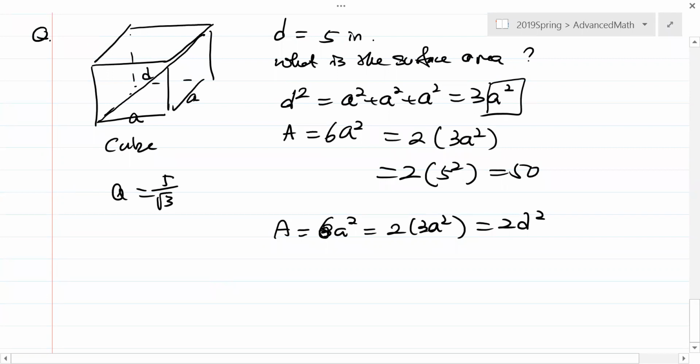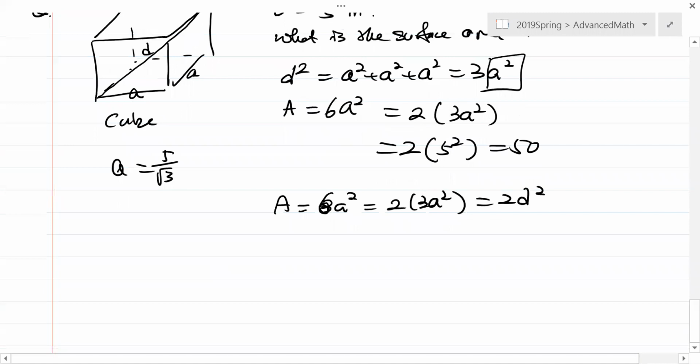If you just solve the problem step by step, oh, I find the edge length, then that's 5 over square root of 3, then I calculate the area of each square, then multiply by 6, that goes through all this long way to get the answer. It takes more time. You have less time on the test then.